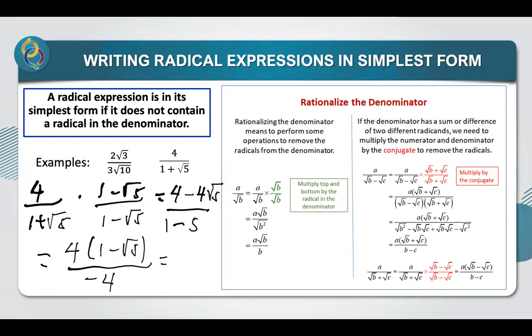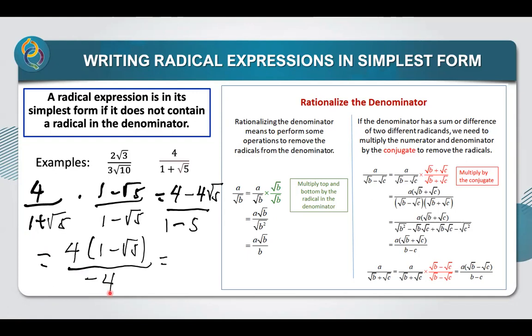So in that situation, there's a 4 at the numerator. You divide that by -4. What's your final answer? You see, there's a 4 there and another 4 here.